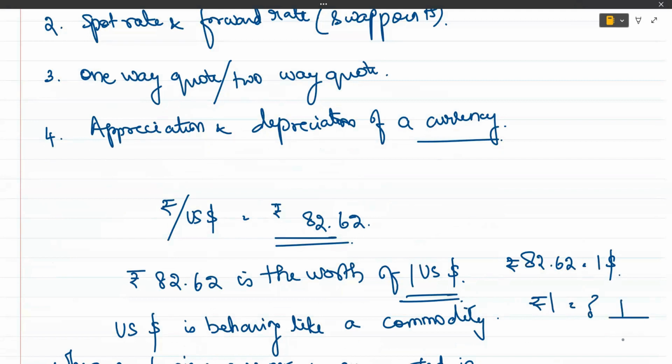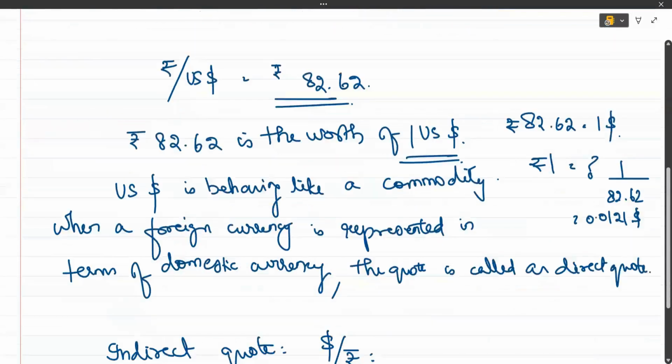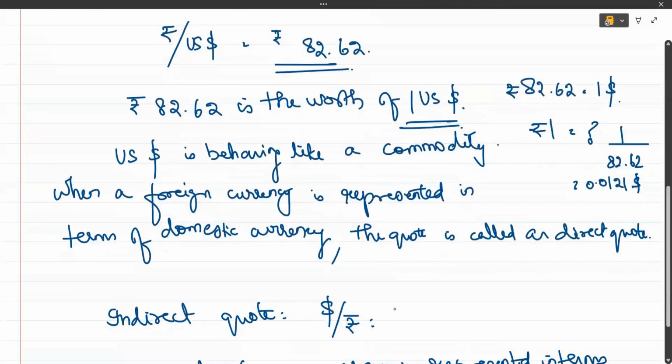It will be 1 divided by 82.62. So what is 1 divided by 82.62? It is 0.0121. So $0.0121 per rupee is what you call an indirect quote.